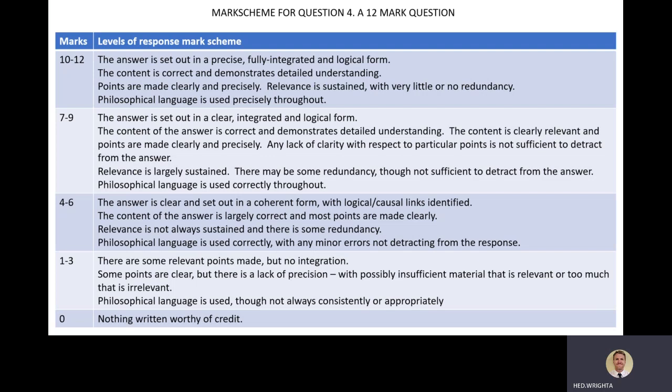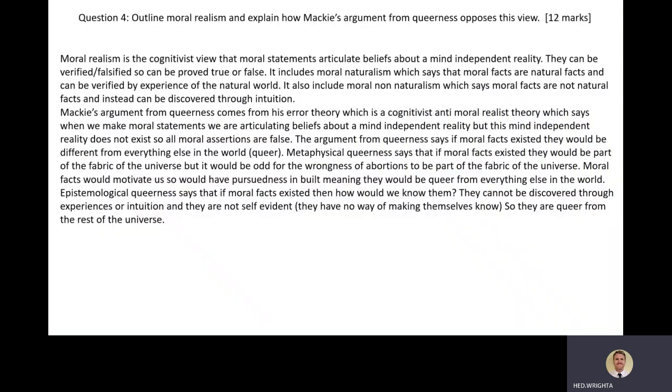It's that thread of the argument that the examiner is looking for throughout the answer. Not just a paragraph that's correct, a separate paragraph that's correct. They want to see the links, the evaluation, the argument sustained throughout the answer.